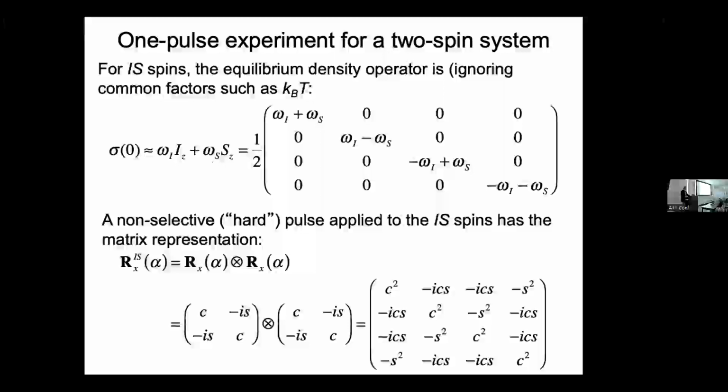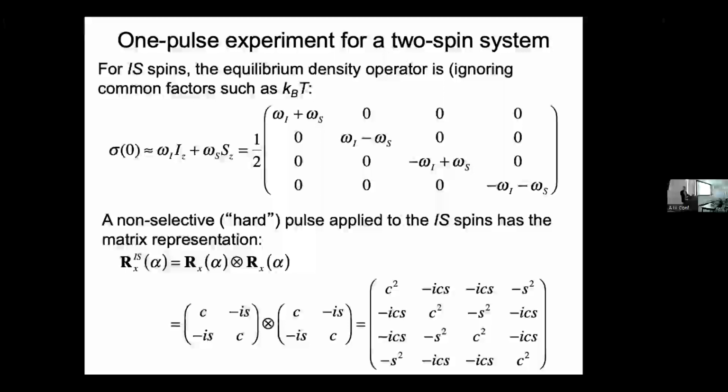Because the intensity of the signals are going to be proportional to how much magnetization I started with at equilibrium. If I don't care about that, if I'm talking about a proton-proton experiment, there's no point in writing omega I on with every operator because the proton polarizations are all the same.